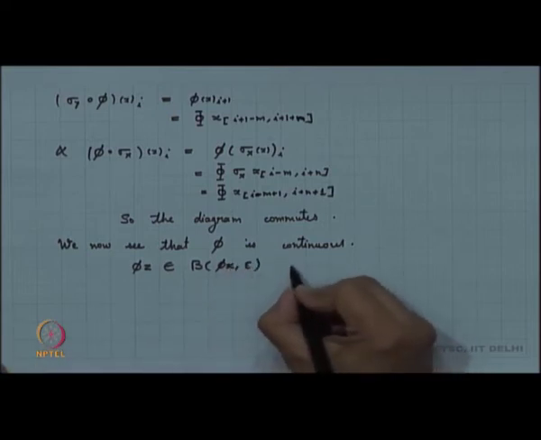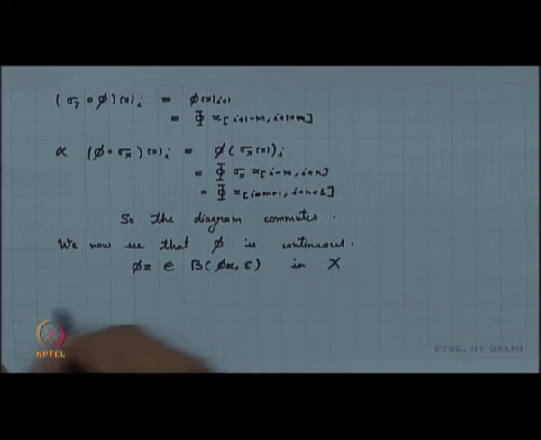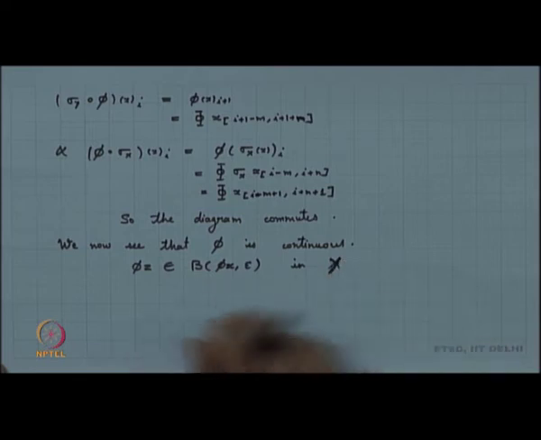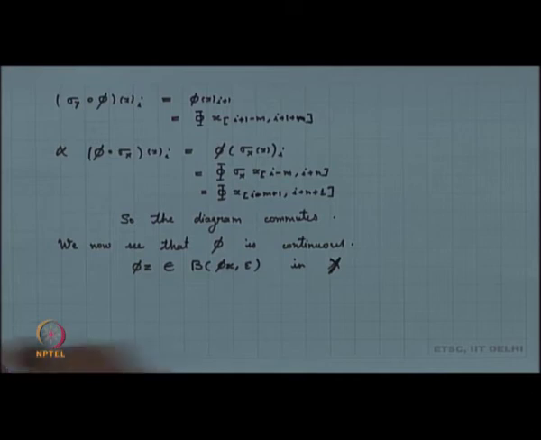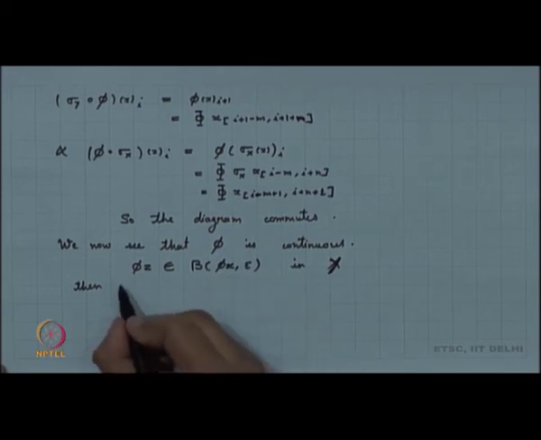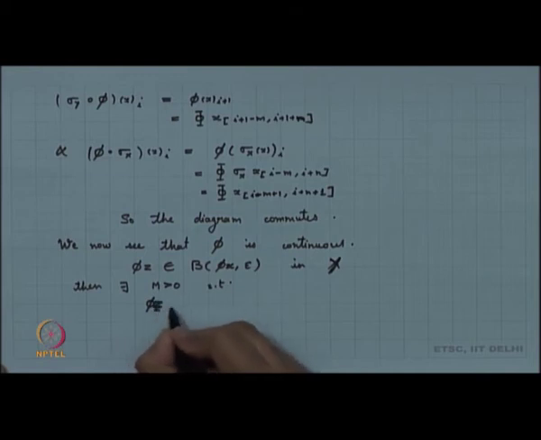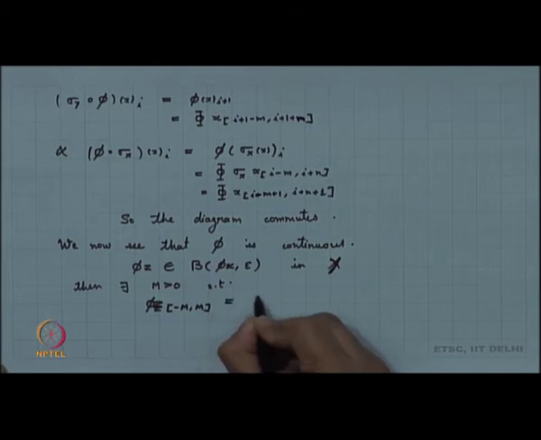Supposing this happens in your X, this happens in Y. So, in Y you have a ball of radius epsilon centered at phi of x, then we know that because this is an epsilon ball around phi of x, there exists an integer m such that I can say that my phi of z here agrees from minus m to m, this block agrees with phi of x from minus m to m.